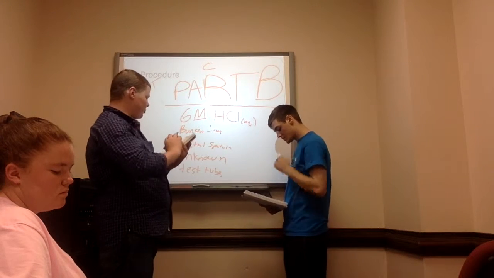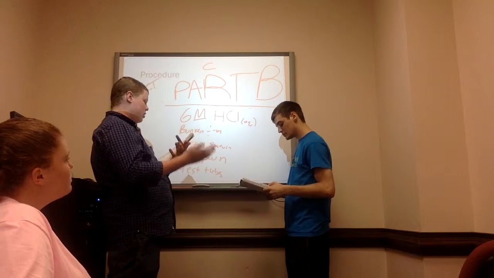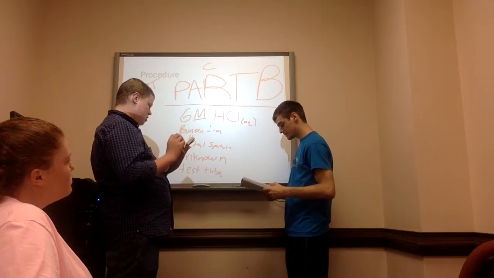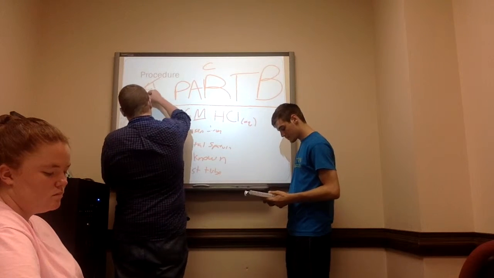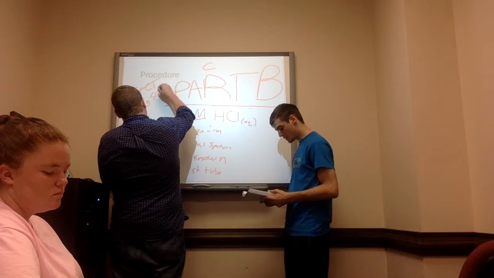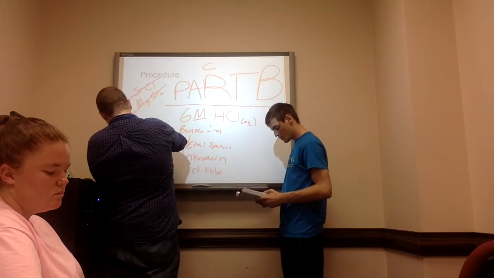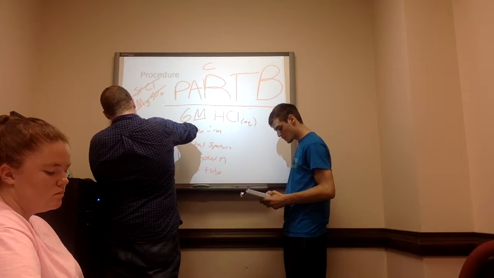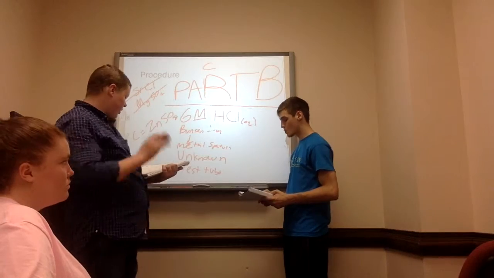If the magnesium was collecting on the strip, it was magnesium sulfate. Did yours collect on it? It did not. So it wasn't magnesium sulfate. So your unknown C was zinc sulfate. Correct? Correct. Thank you very much, sir.